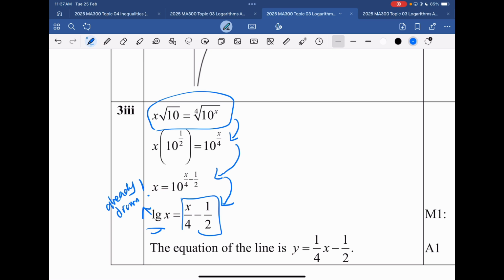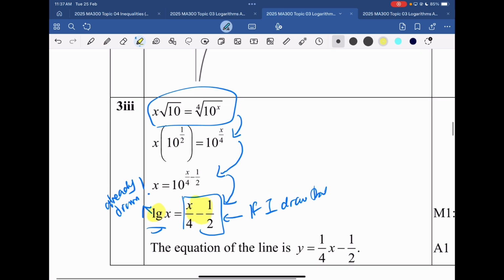Now, if I draw this line, then the solution, or the intersection of both equations, will be the answer. That is why I know this is the graph I will draw. Clear so far?